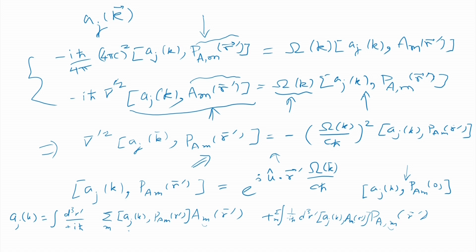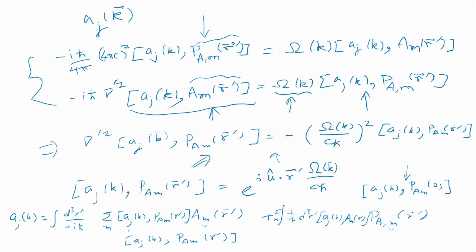The reason this makes sense is if you take the commutator of A_jk with P_m at r dash. What is going to happen is that the commutator of A and P is going to be i h bar Dirac delta of r.